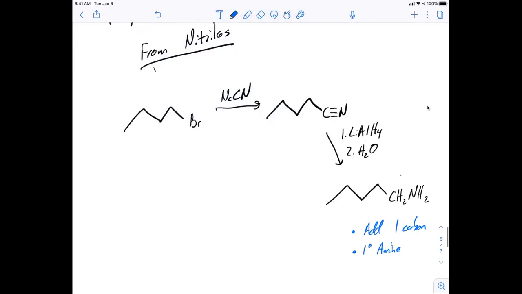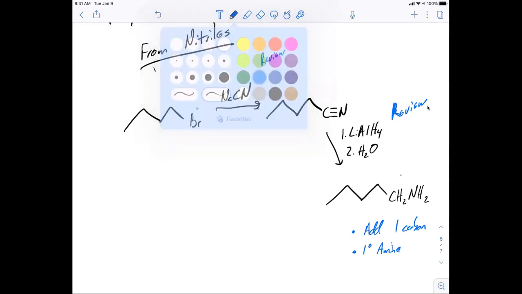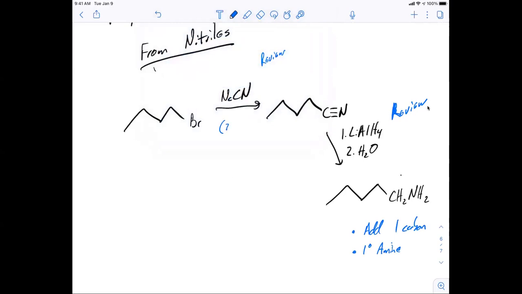Again, this is review. We've seen these reactions before, but we haven't focused on these as a way to make an amine. And again, this works for most things, but we have to remember that this is an SN2 style reaction, so our electrophile needs to be an SN2 style reactant. Okay.